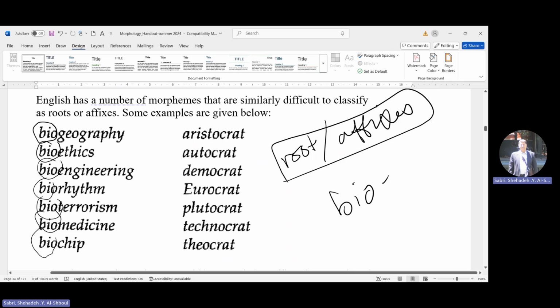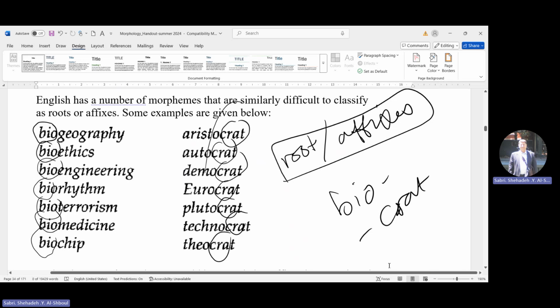We have aristocrat, autocrat, democrat, bureaucrat, plutocrat, technocrat, and theocrat. We have also the form crat. So here, as we notice, dear students, it is really hard to know what to call it.